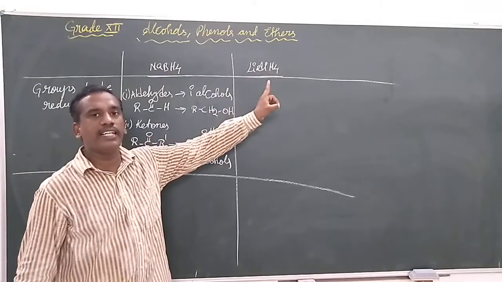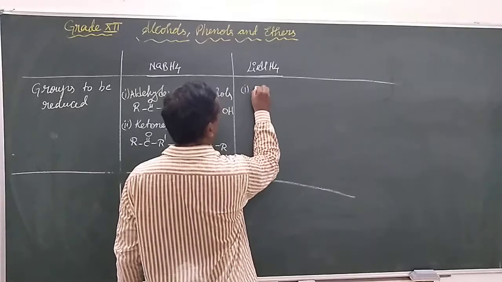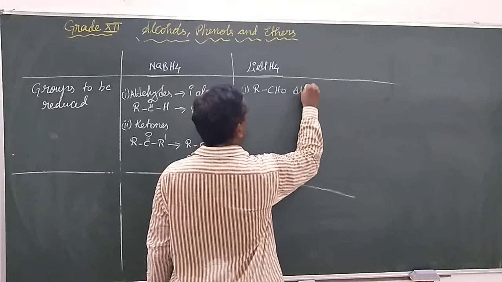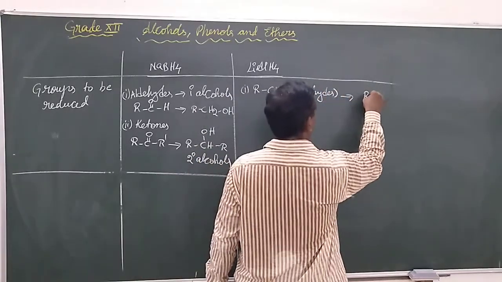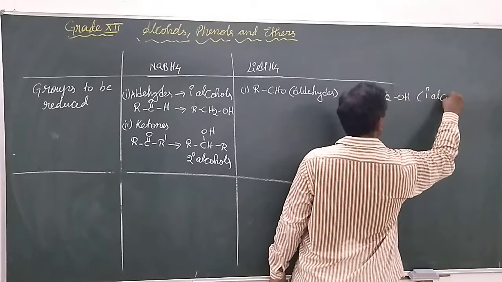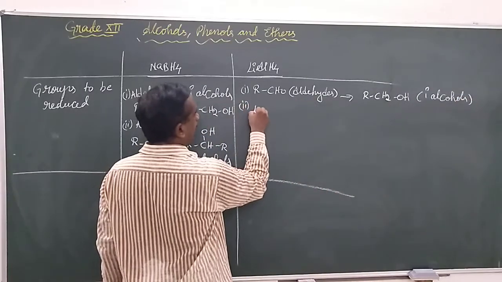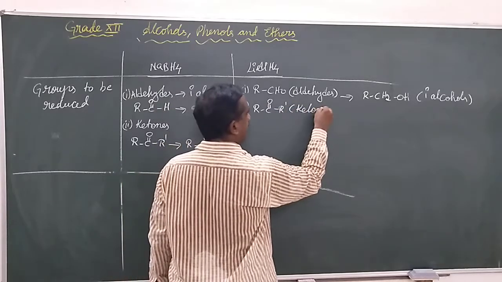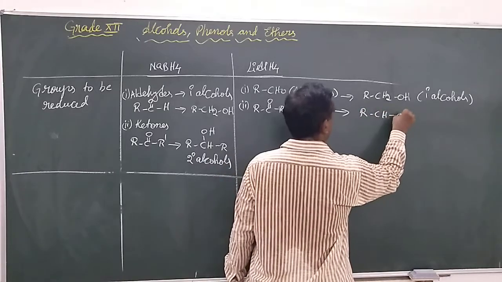But what groups can lithium aluminum hydride reduce? Lithium aluminum hydride can reduce RCHO, that is aldehydes, into primary alcohols, and also RC double bonded O R', that is ketones, into secondary alcohols.